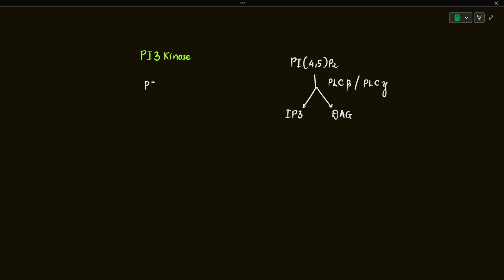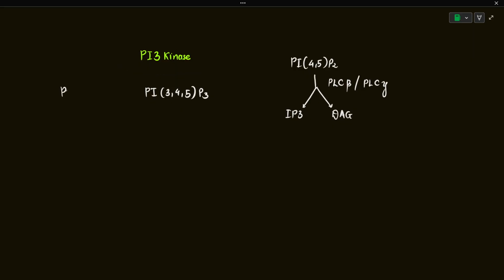Okay, so PIP3. Let me just write it something like this. PIP3 is going to do the signaling; today we are going to discuss that. It is phosphatidylinositol 3,4,5 trisphosphate. So we are going to discuss the signaling which is done by this molecule. And how is this molecule formed? It is formed by the job of PI3 kinase.